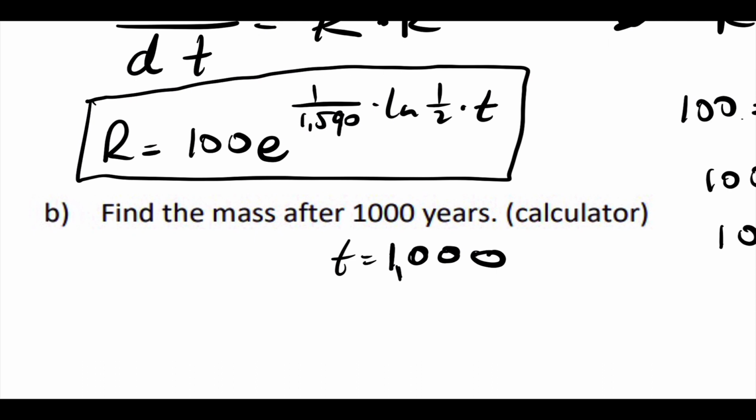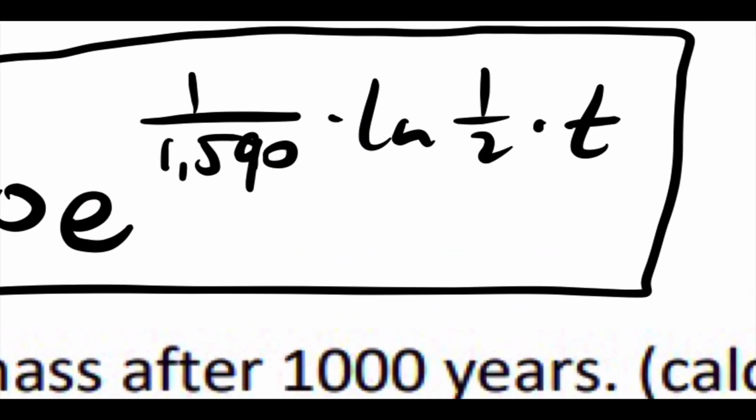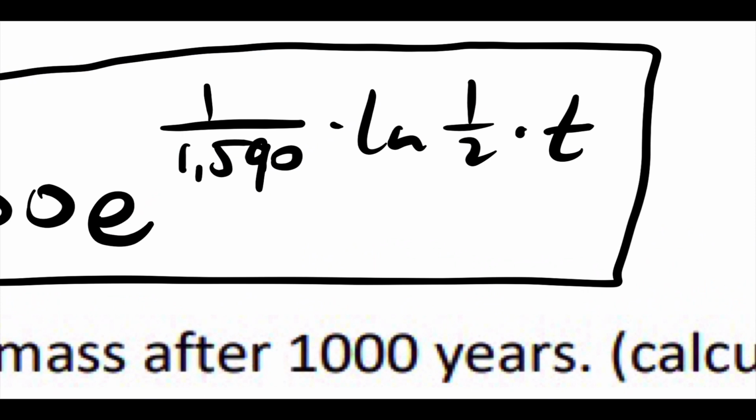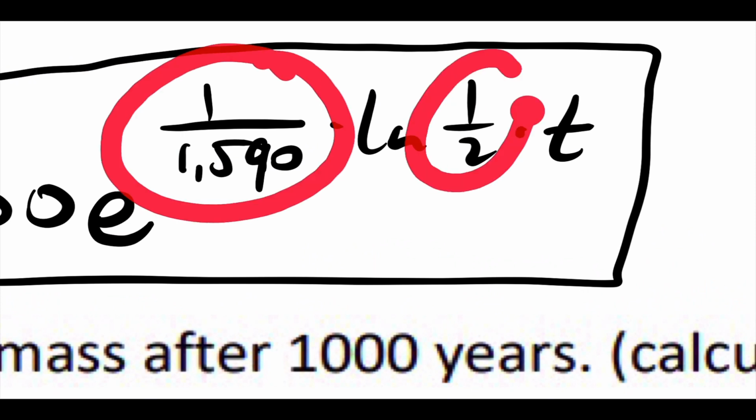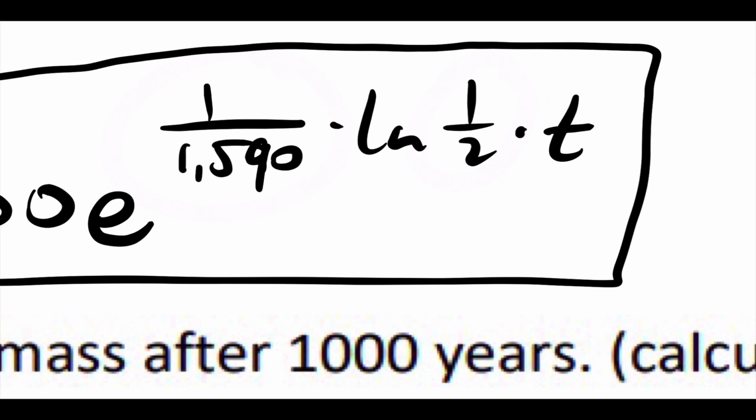Notice how I didn't change anything to a decimal. You don't change anything to a decimal until the very end, until you have your final answer. That's the only thing you round. So when I'm putting stuff in my calculator, I'm not changing any of these fractions to decimals. I'm putting them in just like that.